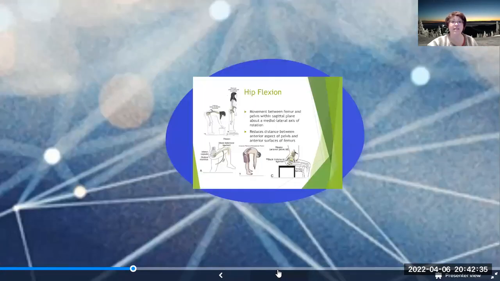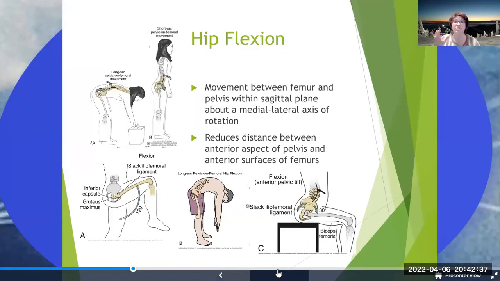Hip flexion is the movement between the femur and the pelvis in the sagittal plane around the medial-lateral axis of rotation. So picture that in your mind. If you still have a piece of paper hanging around from the early lectures, sagittal plane and medial-lateral axis of rotation, okay?